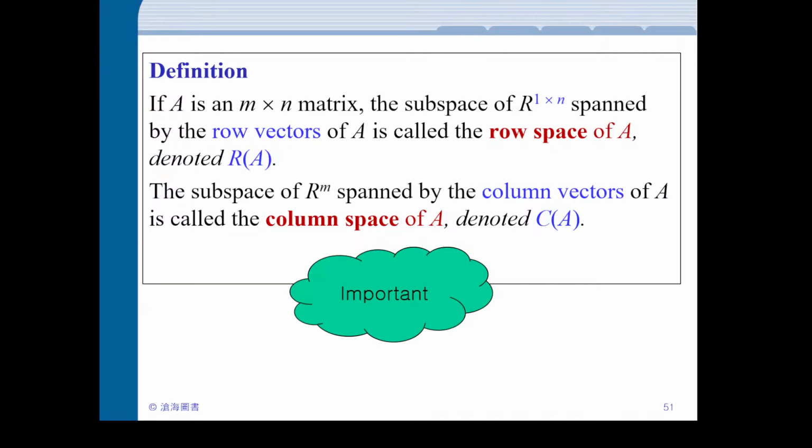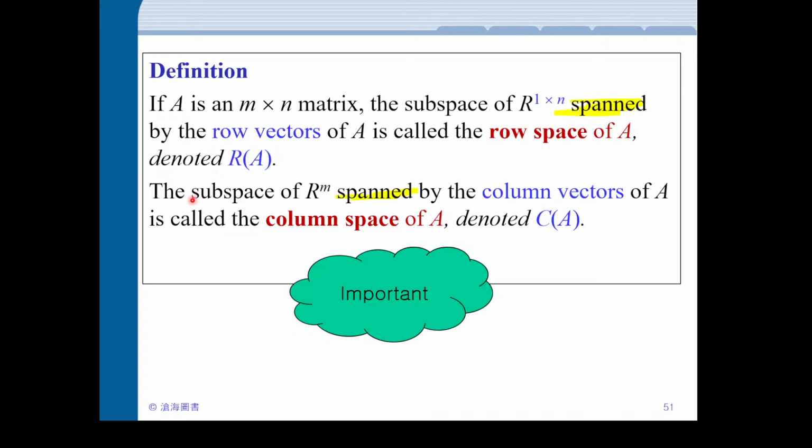We have all those vectors, a whole bunch of vectors, and they define a space, the space spanned by them. Spanned by the row vectors, this row space will be a subspace of R1 times n. And similarly for the columns, we can define the column space. It's just the space spanned by the column vectors, and it will be a subspace of Rm.